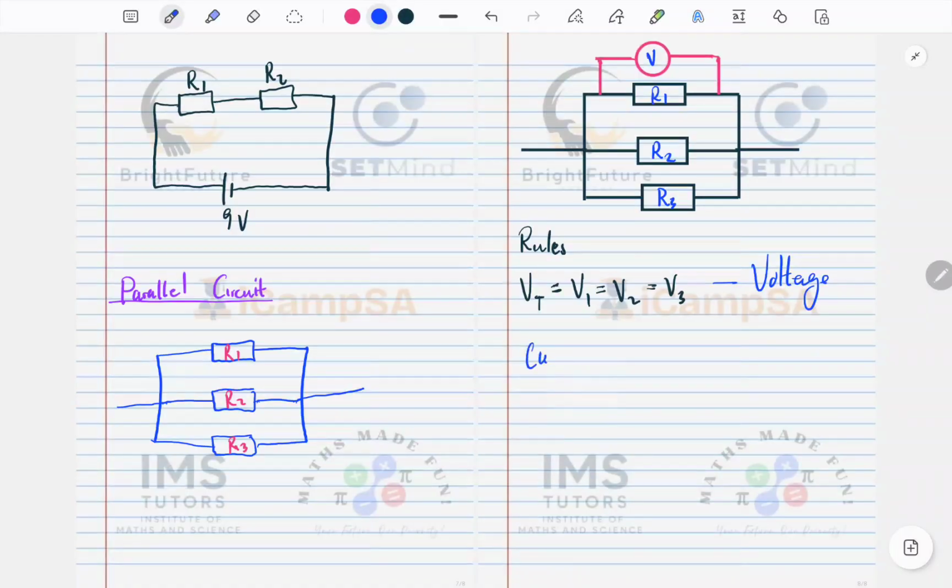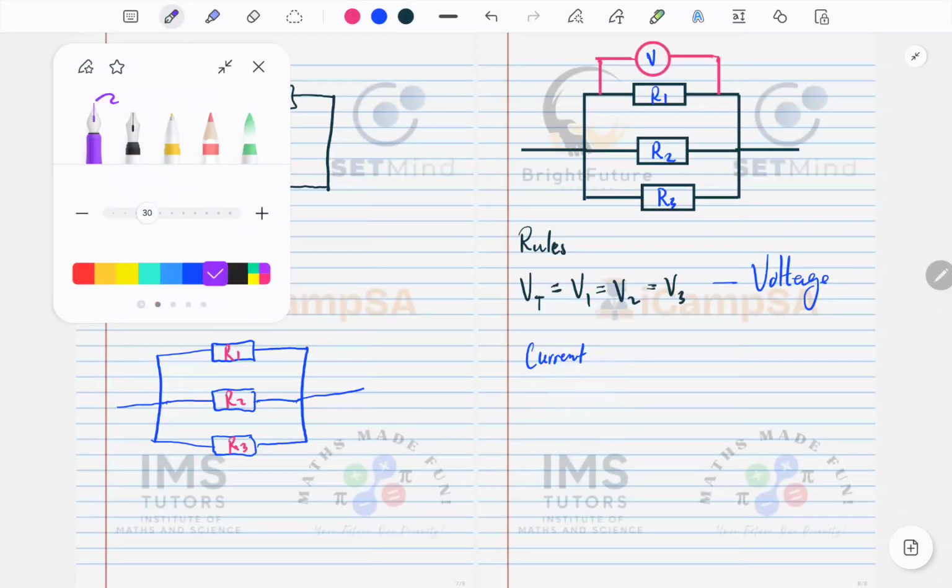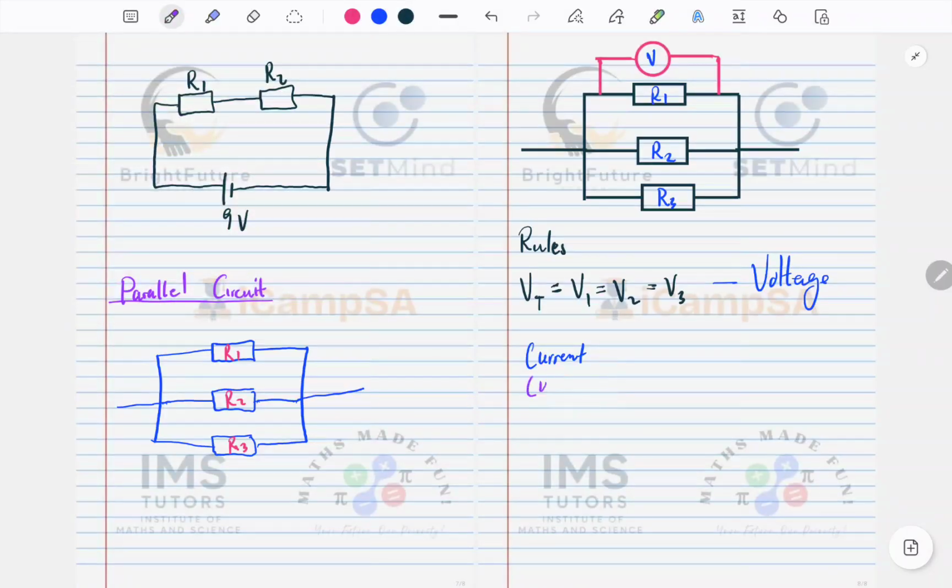And then for current in parallel, current is divided. So that means the current in R1 and the current in R2 won't be the same, and the current in R3.